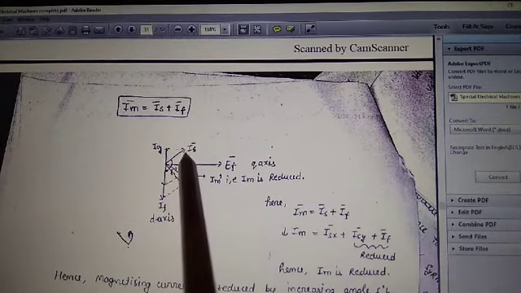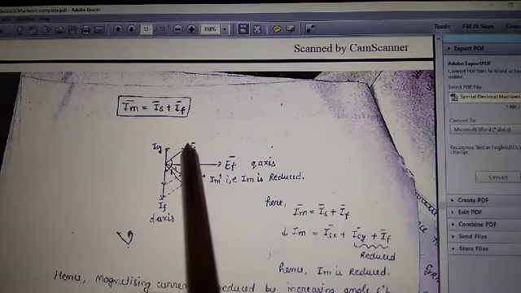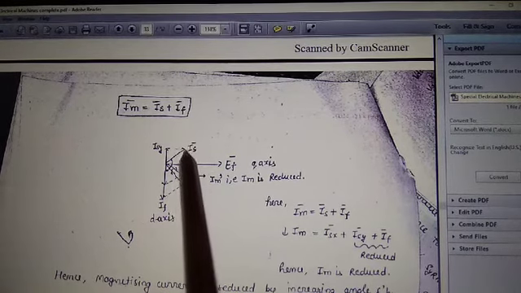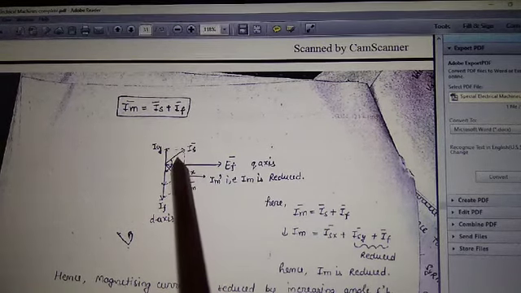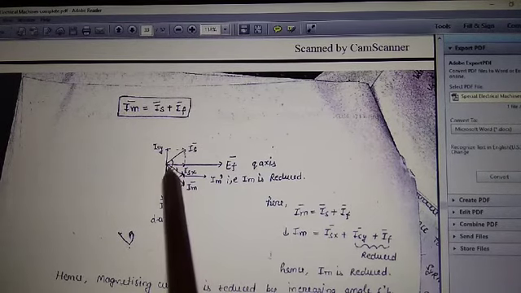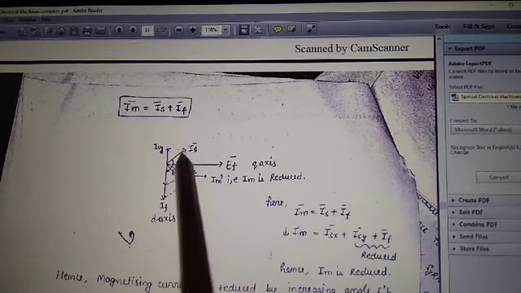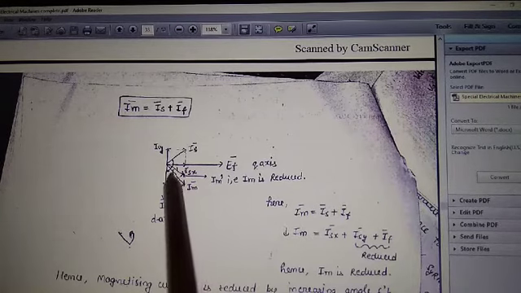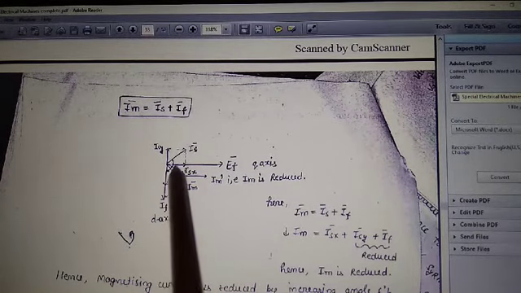So in this PMSM motor, for the field weakening process, if we want to do field weakening, okay, then we apply a large angle delta prime.